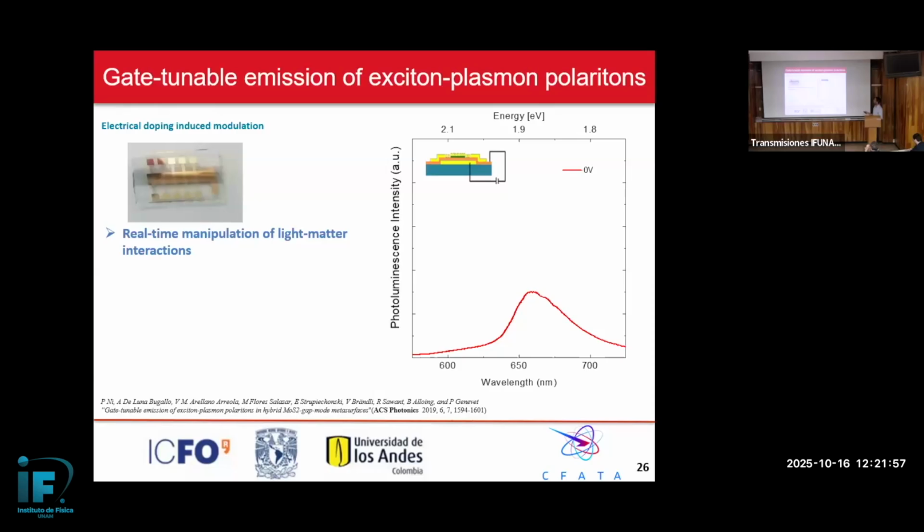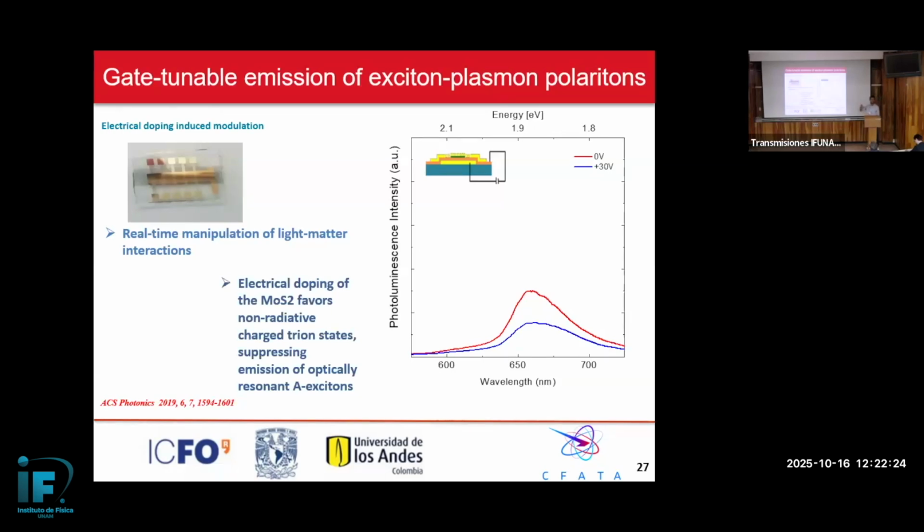However, since we had the possibility to electrically dope the semiconductor, we started wondering if we could go out of resonance and into resonance electrically. What I'm showing you here is the PL spectra at zero bias. But if we start putting electrons inside the molybdenum, we will increase the population of trions, right? Trions act as a non-radiative pathway.